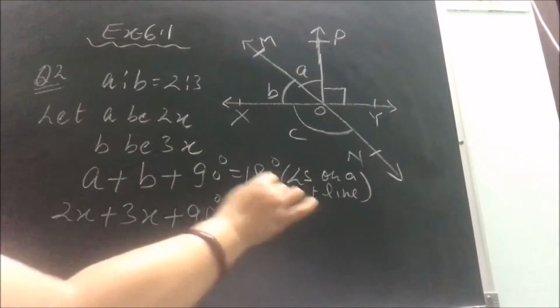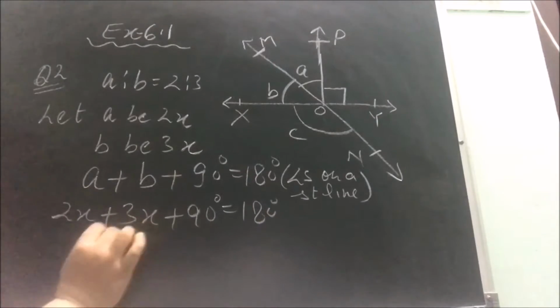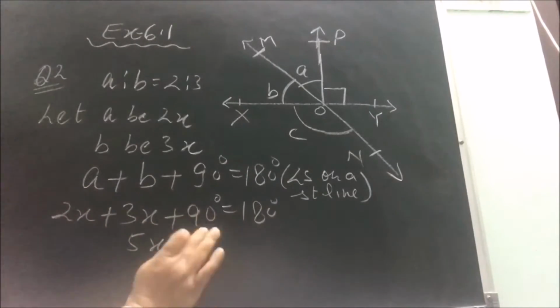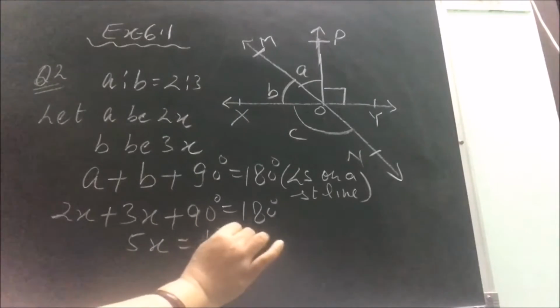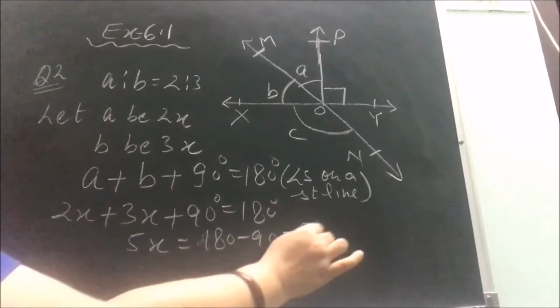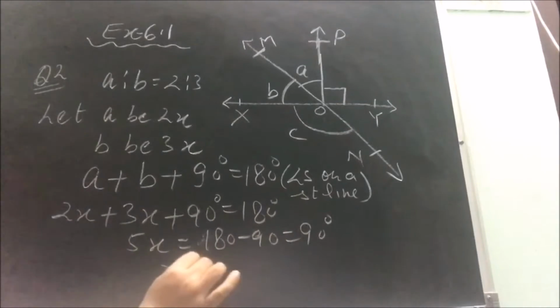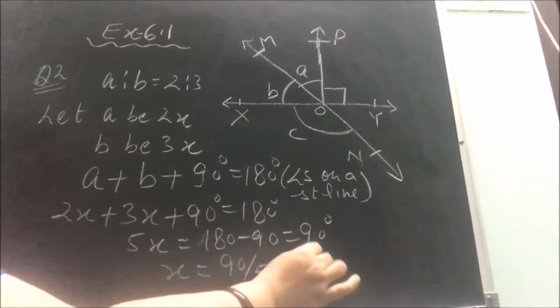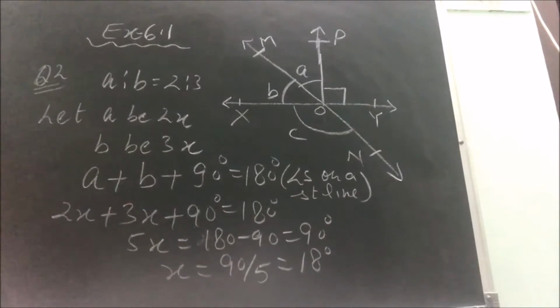So in this way we can find the value of x. 2x plus 3x, collect the like terms, shift over there, we have 180 minus 90, that is 90. So 5x is 90 and the value of x is 90 by 5. So the value of x is 18 degrees.